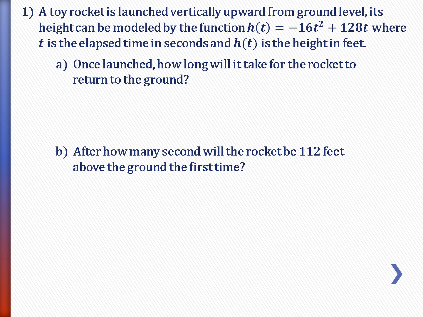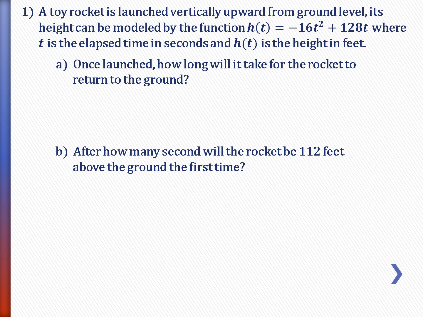Part A says, once launched, how long will it take for the rocket to return to the ground? Well, if you remember back from day 4.2, when we were talking about the equations in standard form, we talked about what the y represents, what the vertex represents, and what the x-intercept represents.